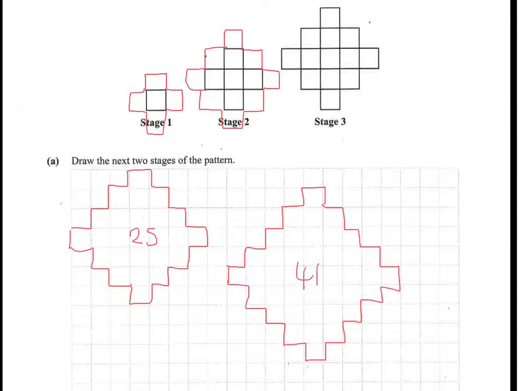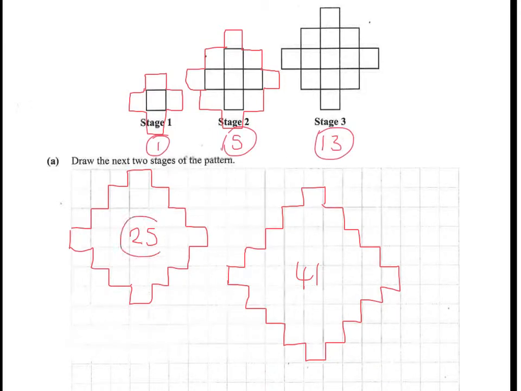And just to appreciate, we started off with 1, 5, 13, and the fourth and fifth terms are 25 and 41.